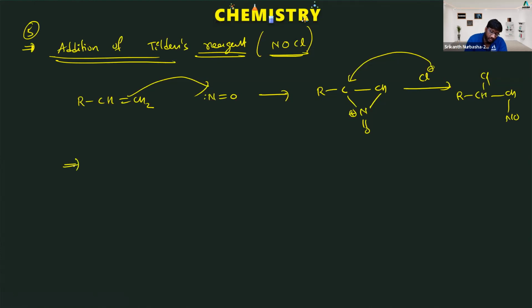So you can write down here: rearrangements will not occur, as carbocation is not the intermediate.